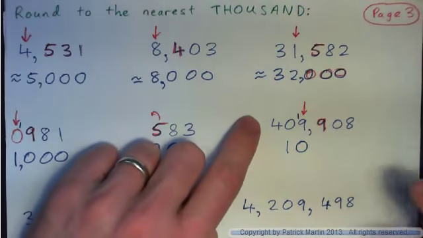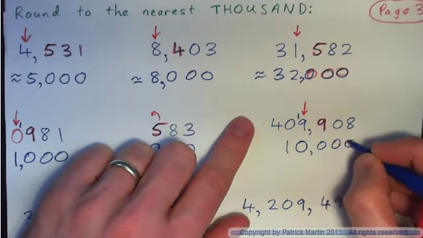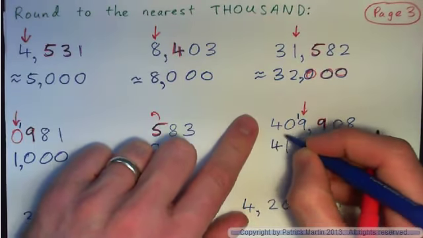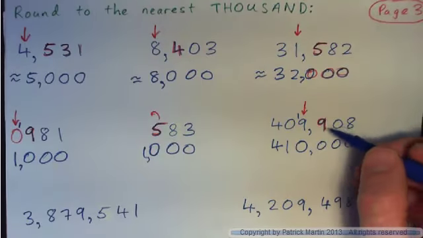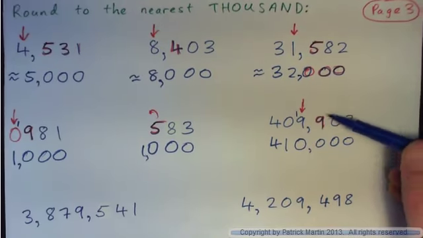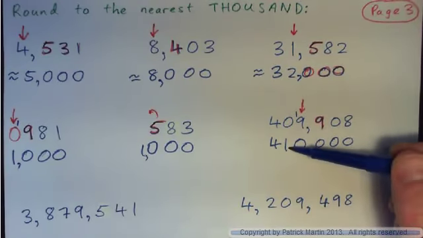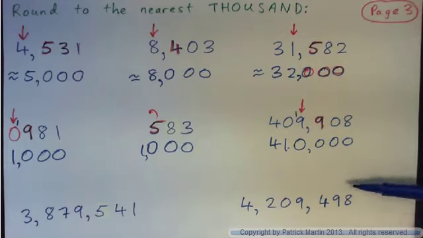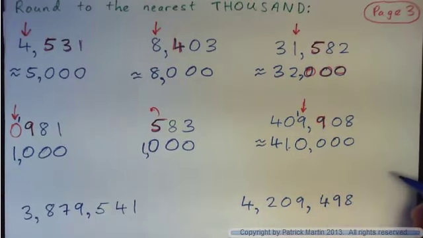That 9 there becomes a 10. And so everything else, of course, is zeroed out here. This all becomes 0. And of course the 4 stays there. So 409,908. If somebody says that a huge house costs this amount of money, you probably could round that in your head to, well, 410,000, right? Does that make sense? Do these numbers look like the right answer, right?